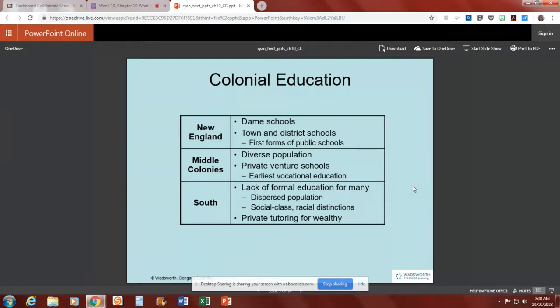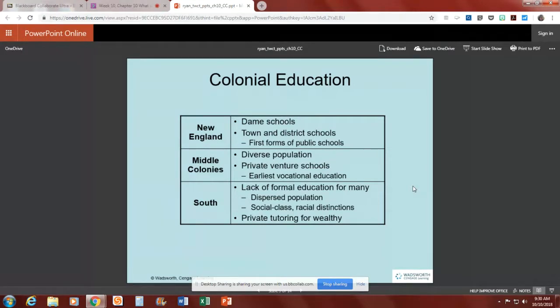Puritans thought it was really important for everyone to be able to not only read the Bible, but also to interpret its teachings. And so they had something called the Old Deluder Satan Act. What that act really said was, we have got to teach these kids how to read so that they can read the Bible.